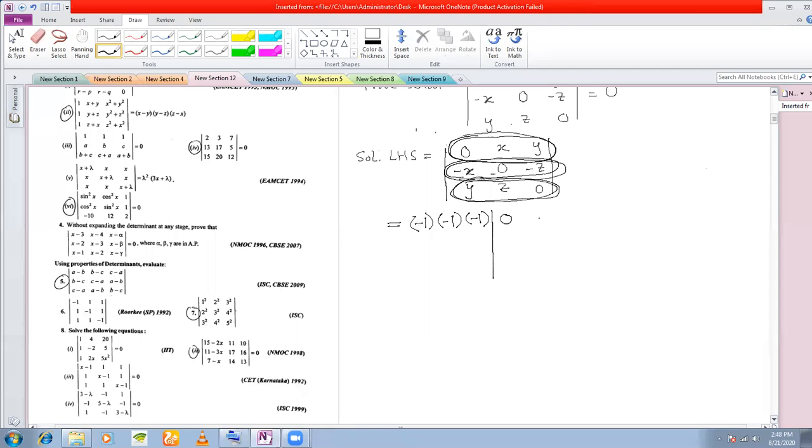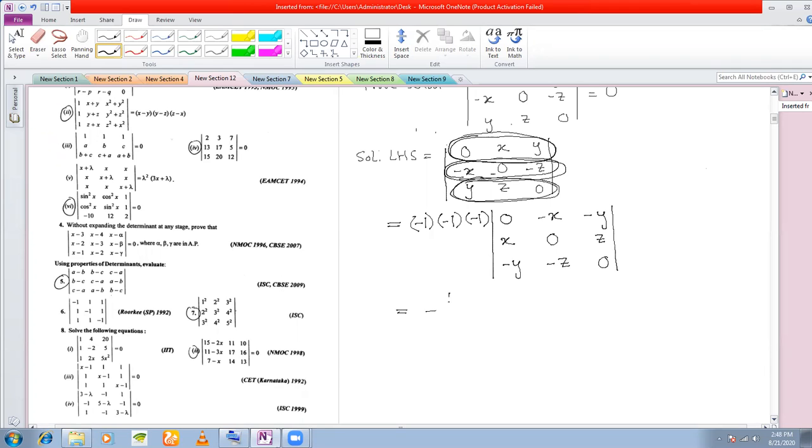I get 0, minus x, minus y. Third row, I get x, 0, and then plus z. I get minus y, minus z, and 0. Okay. So what do I get here?